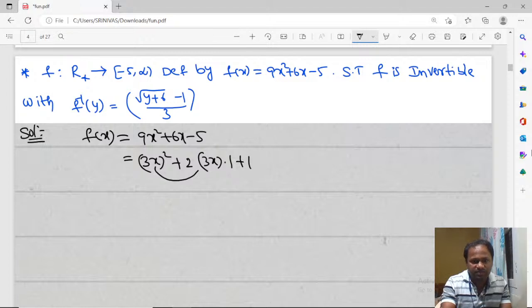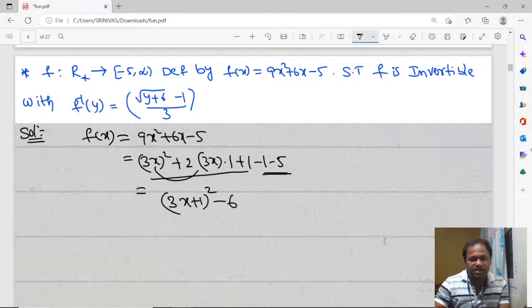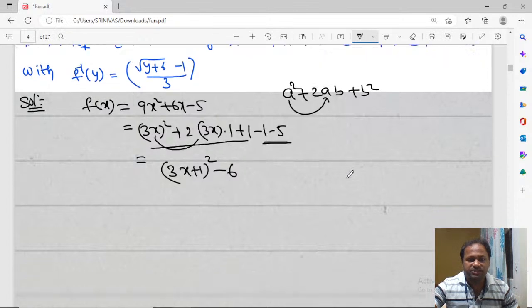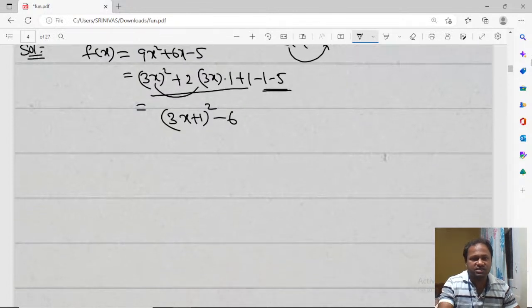I will write it as plus 1 minus 1 minus 5. That is equal to, orally we can write it as, 3x plus 1 whole square minus 6. Minus 5 minus 1 value is minus 6, because it is in the form of a square plus 2ab plus b square. Okay, right. So I got f of x.